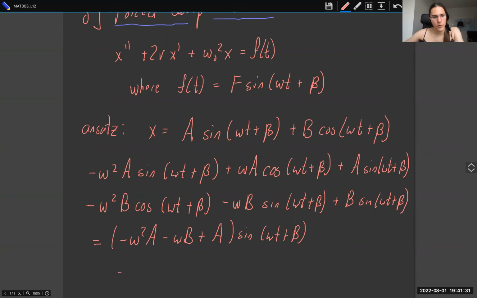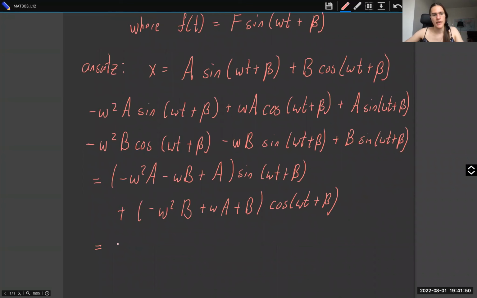And here I'm going to have minus omega squared b plus omega a plus b, cosine omega t plus beta. And what I want that to equal is f sine omega t plus beta.